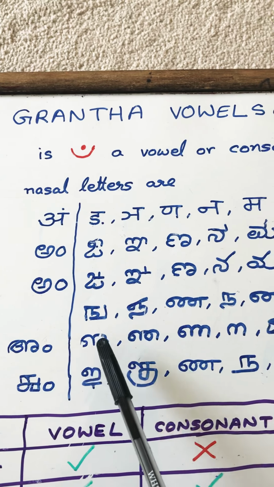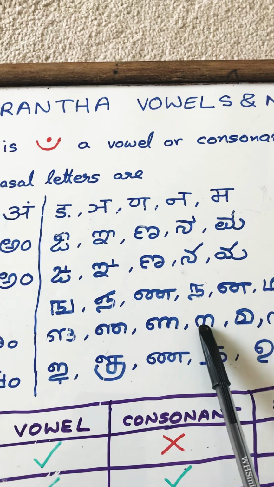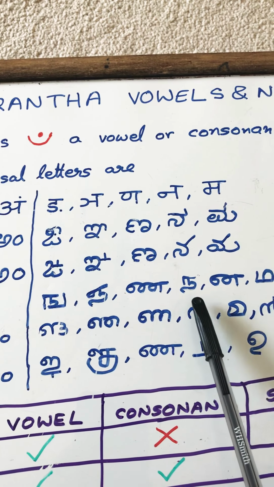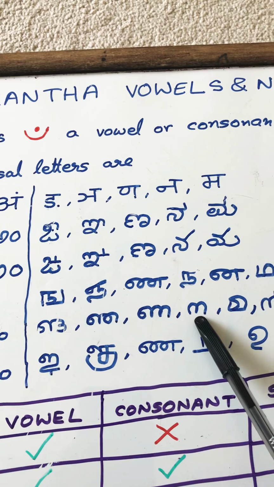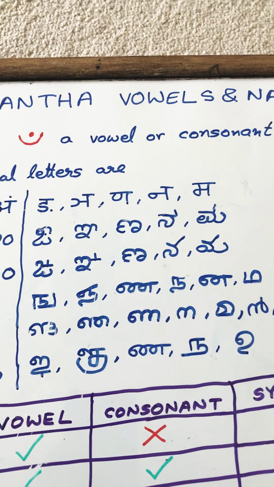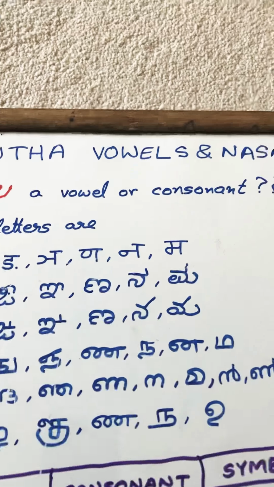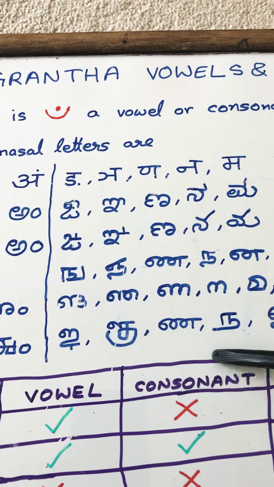And then in Malayalam you have nga, nya, na, nya. This na is slightly more nasal than the other na of other languages, and this is why when you hear Malayalam, you think almost everything is more nasal compared to the other languages. But anyway, and then you have the Grantha equivalent.